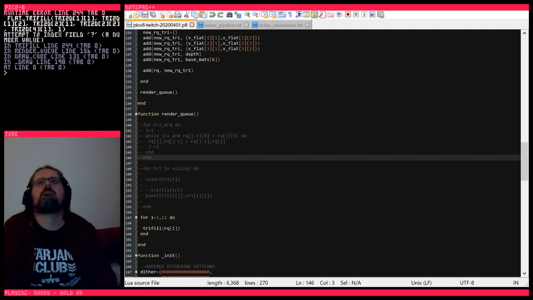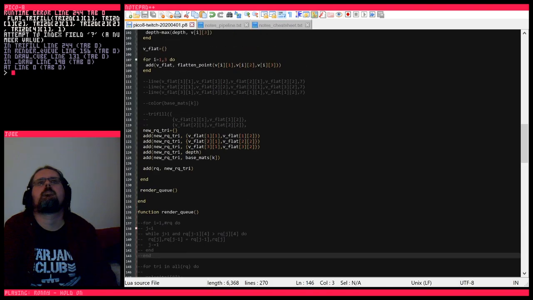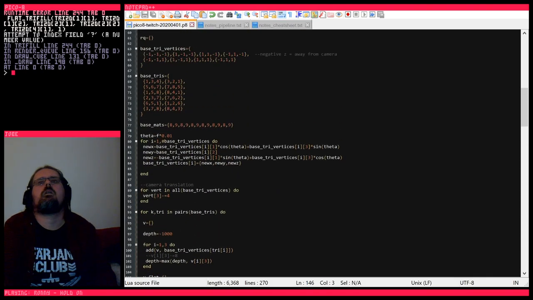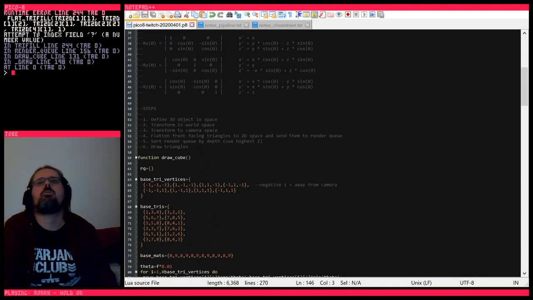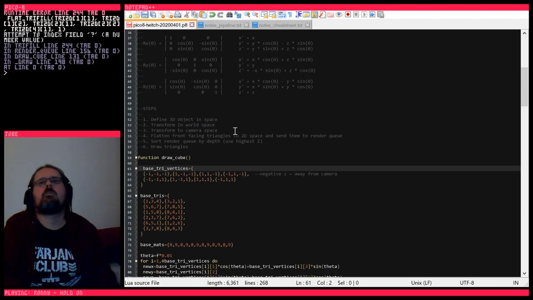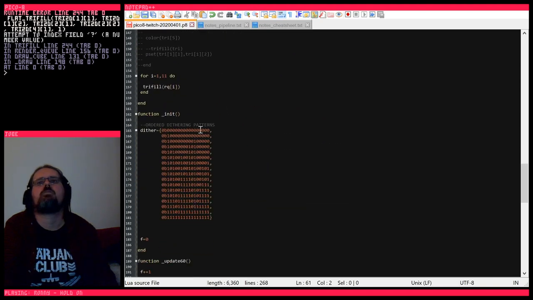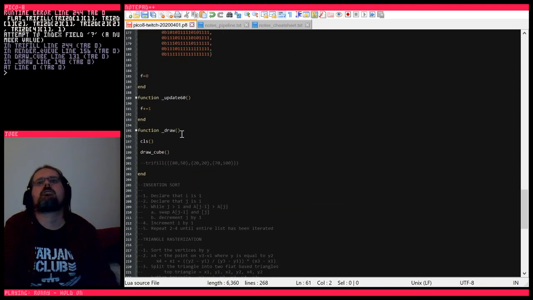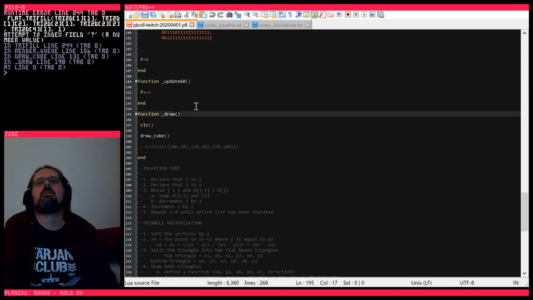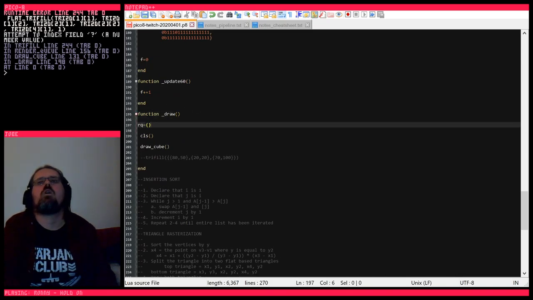I think I know. This is probably a variable scope problem. Let's try putting this RQ equals thing in the draw loop instead and see if that helps.